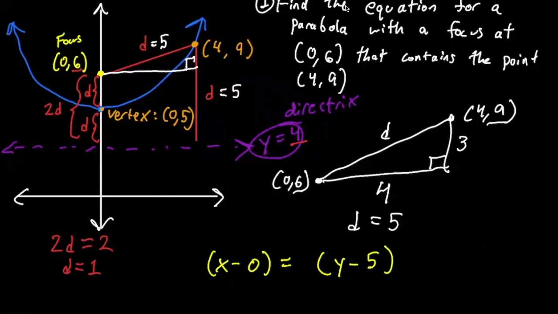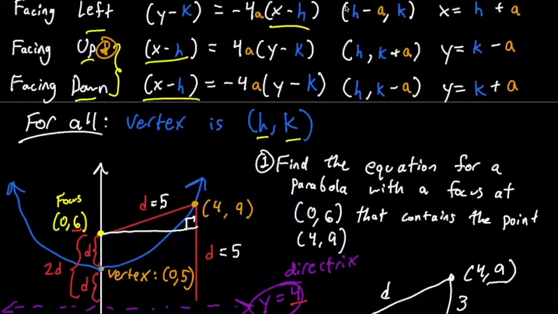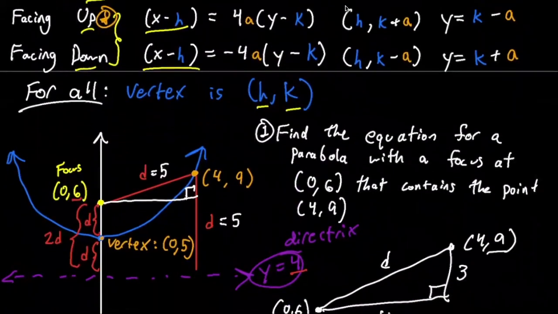So we can fill out these two points. And then the a value we can find by looking at either the focus or the directrix. We can see our a value here or here. The a value is just the distance between the vertex and the focus or the directrix.